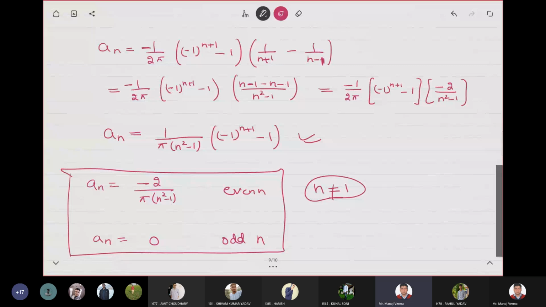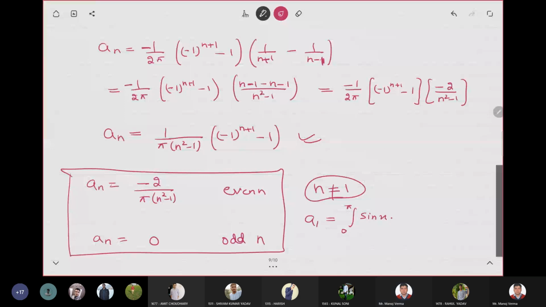How can we find a1? I can simply insert my function from 0 to pi. From minus pi to 0 it was 0, but from 0 to pi it was sine x. And if I insert n is equal to 1 for calculating a1, sine nx will become sine x dx.